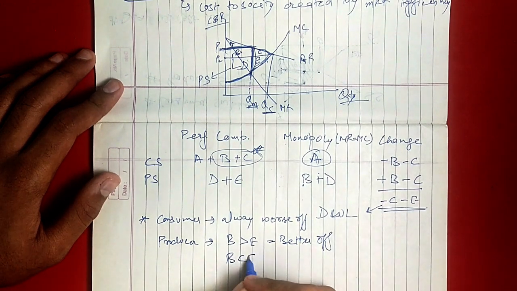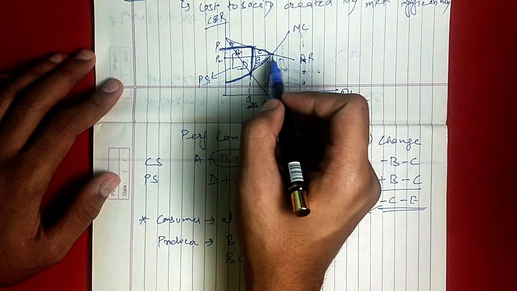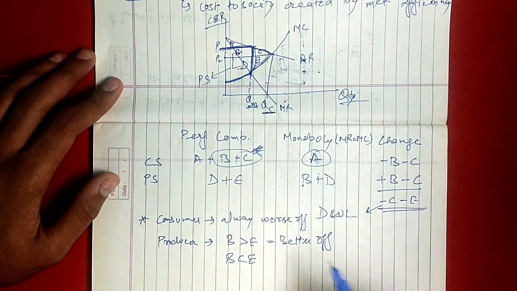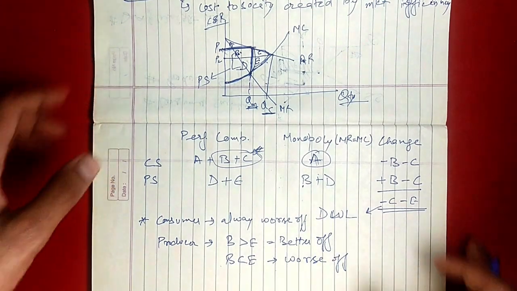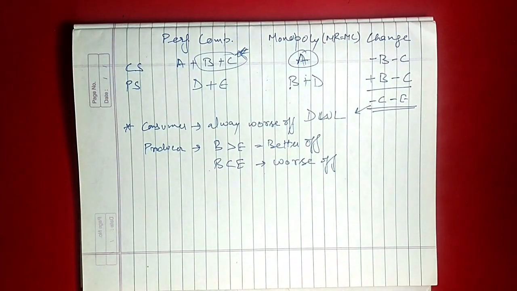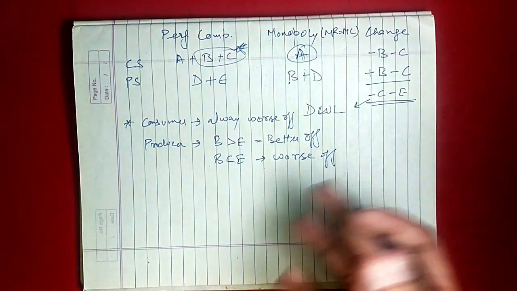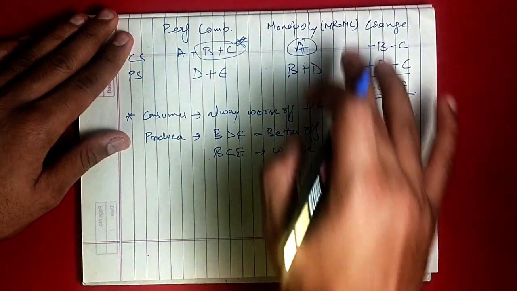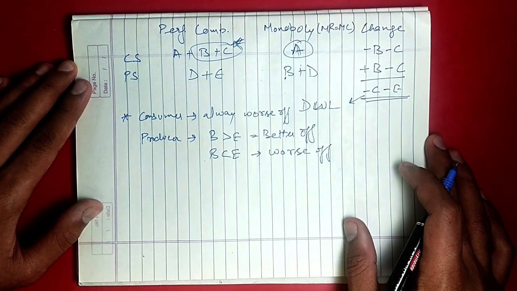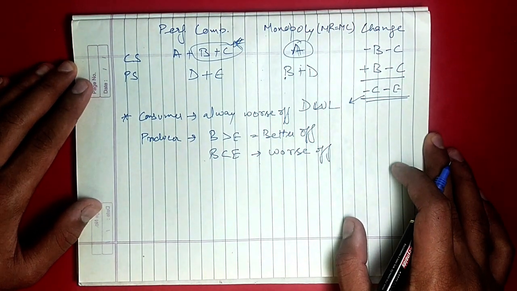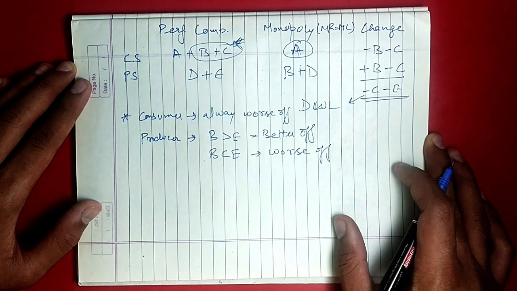If B is less than C, this is short and this was long, so after monopoly he is worse off. And if B is equal to C, he is indifferent. He is neither worse off nor better off, so he can choose to produce the same output or switch to monopoly. He has the choice, but he won't produce QC because he is the monopolist after all.